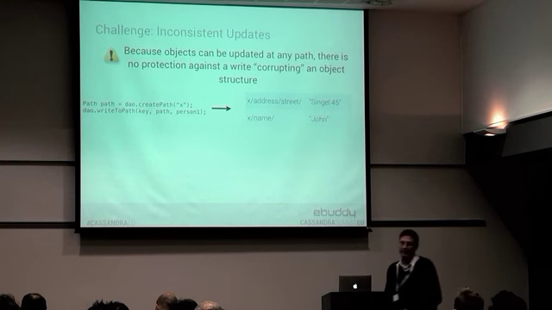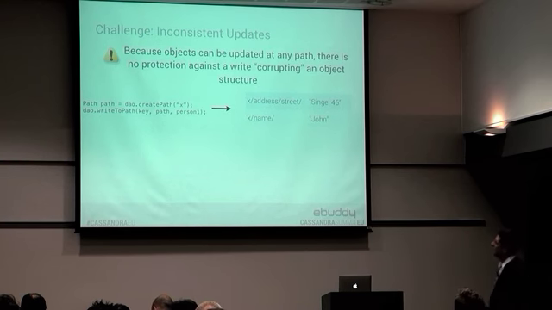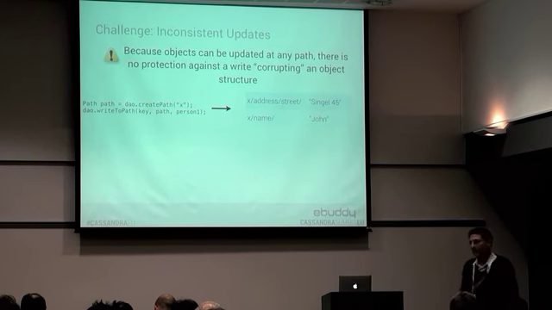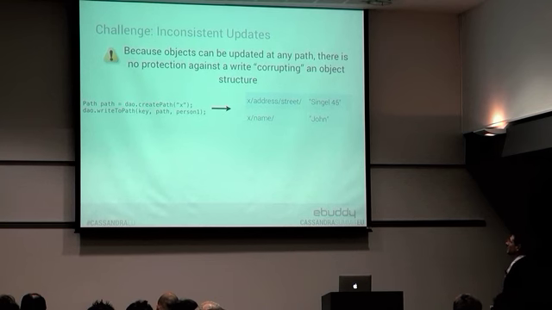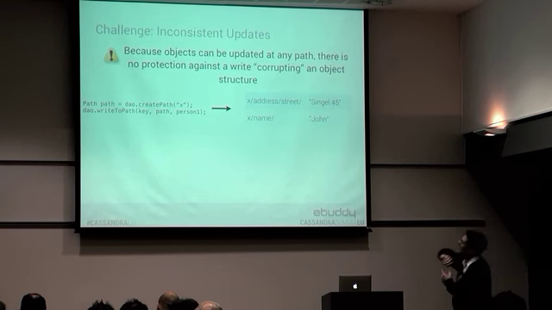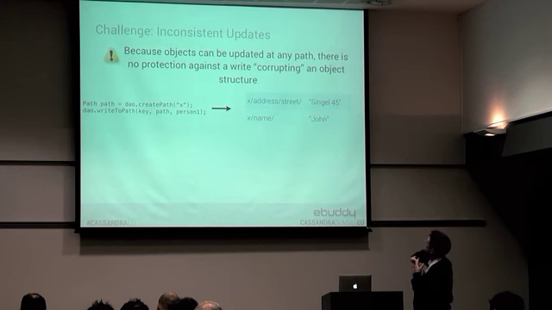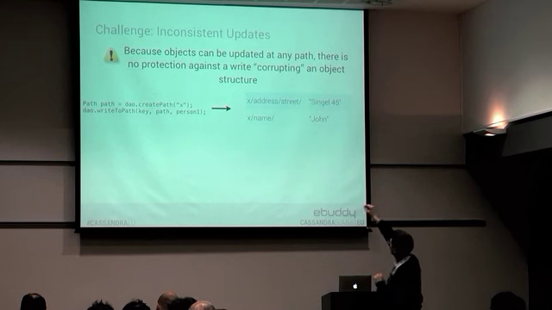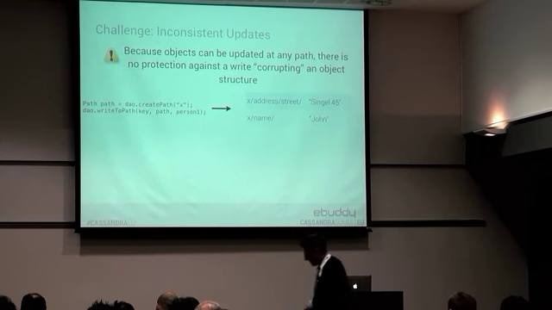Another challenge, inconsistent updates. Because an object can be updated at any path, there's no protection against a write corrupting the object structure. Say you write at X a person. It writes the address and name at these paths.